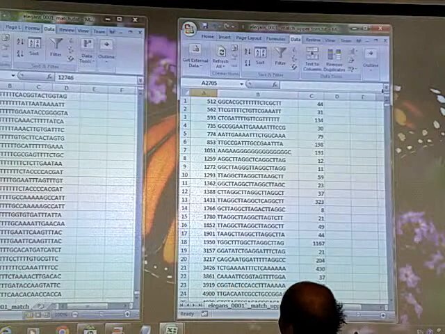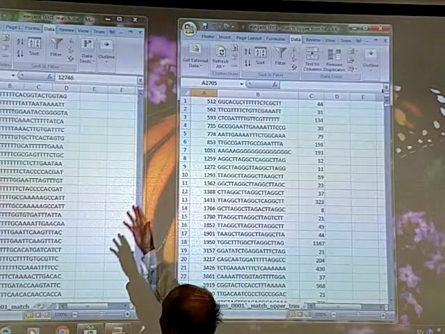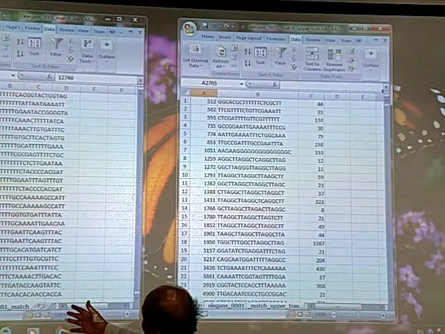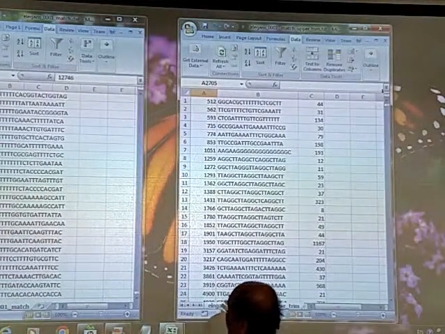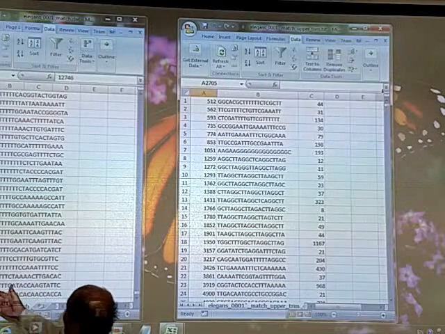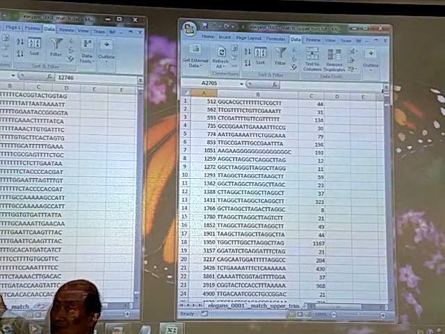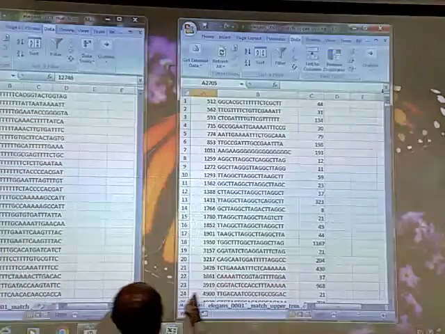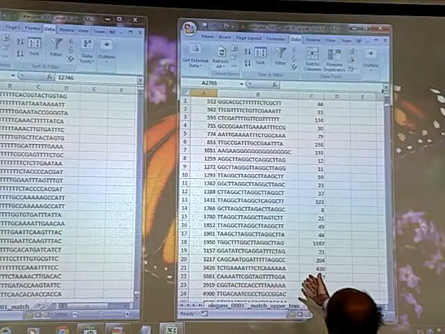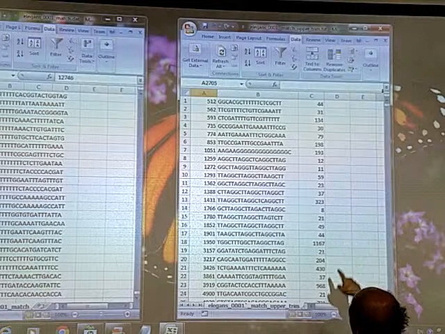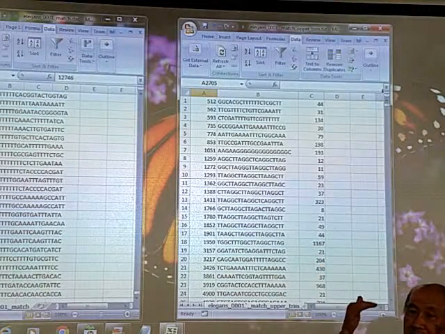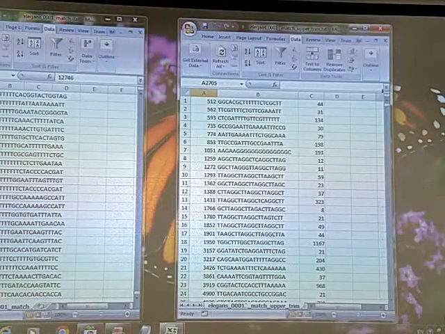Now, if you find all these match patterns and line them up according to the address, you form this list. The C column is the distance from this one to the next one.